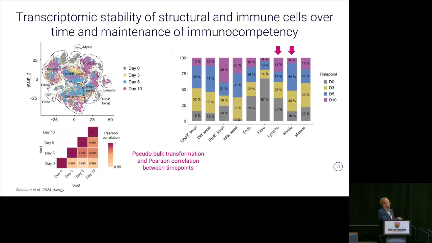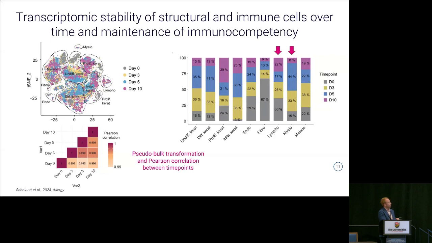And here we can compare that mathematically. You can do a Pearson correlation by turning each individual data set into a pseudo bulk, and then analyze how the transcriptome from day 0 correlates with day 3, 5, and 10, etc.